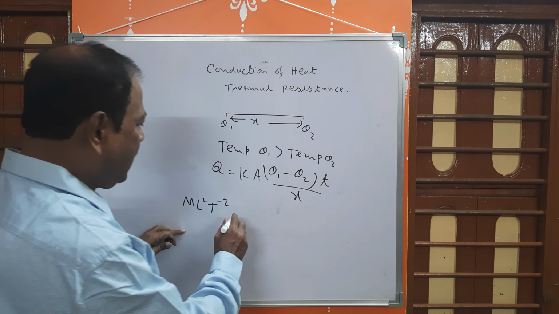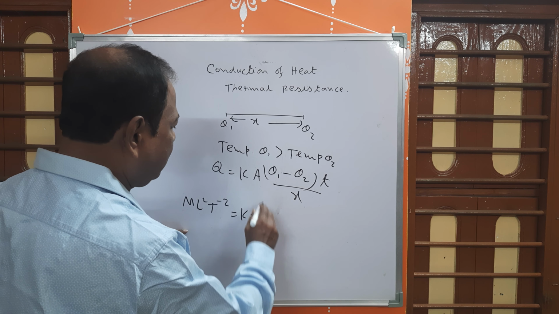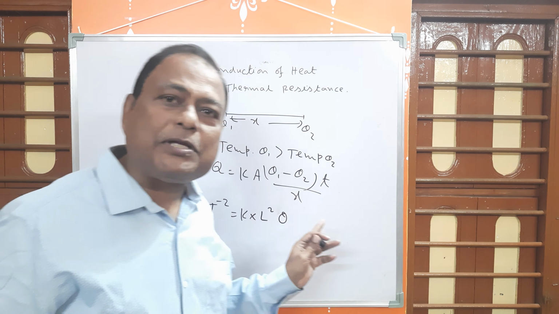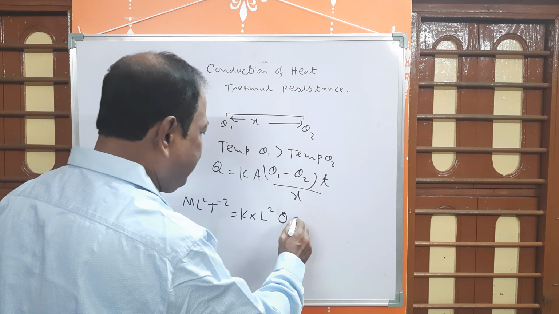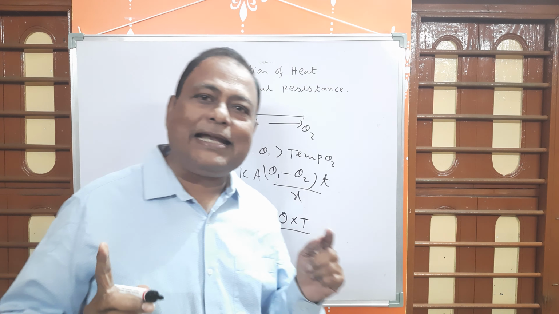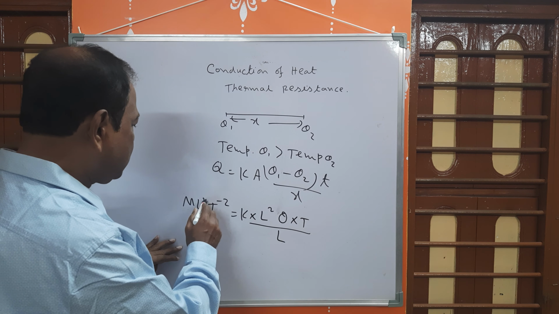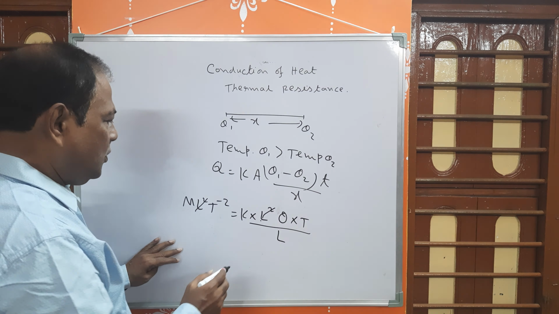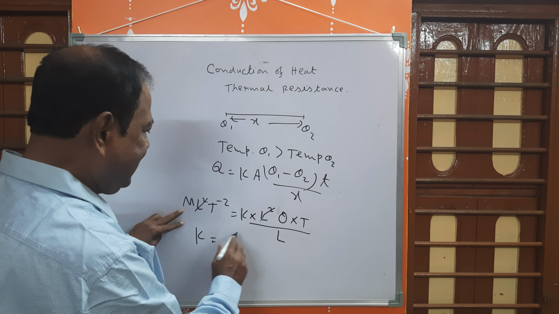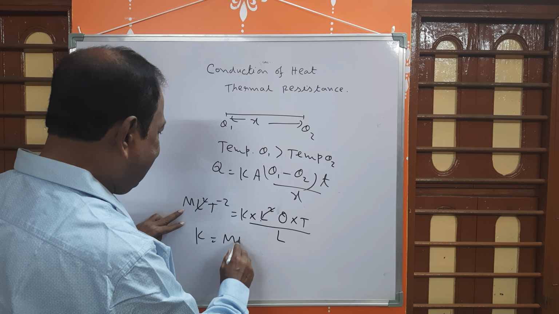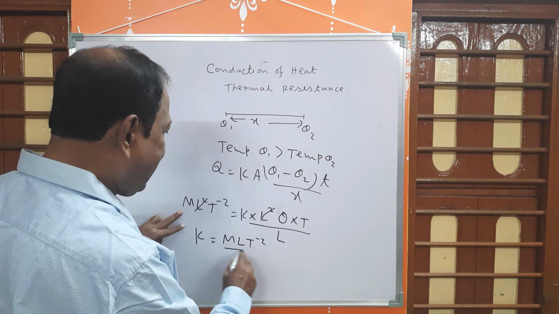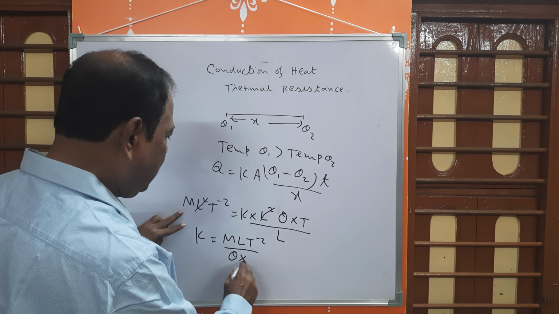So, that is equal to K into A, which is L square, into theta, the dimension of temperature, into T, the time, by X, which means L, the length. So this L square cancels out. So I can write K is equal to M L T to the power minus 2 by theta into T.